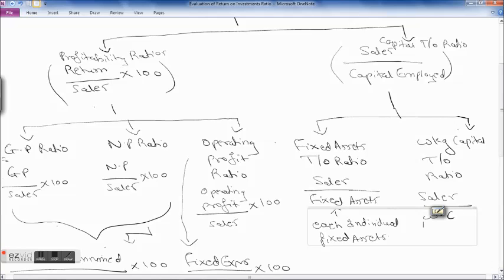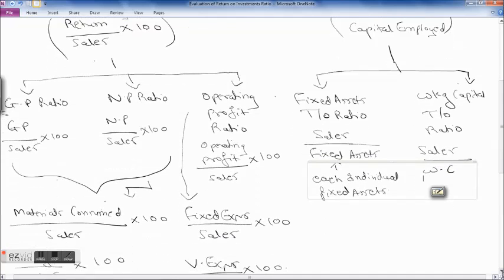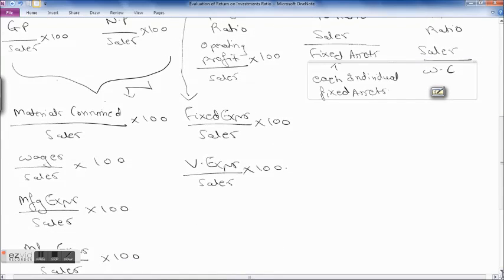working capital. This working capital is again bifurcated into various other ratios. I'll put it here one by one since there is a space constraint.